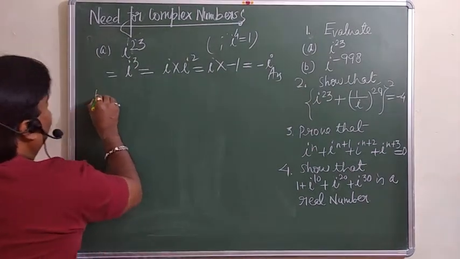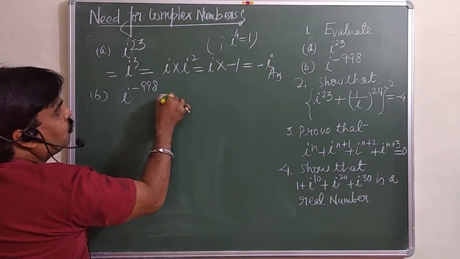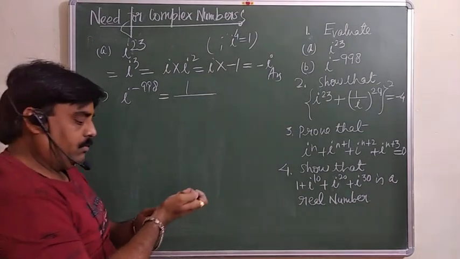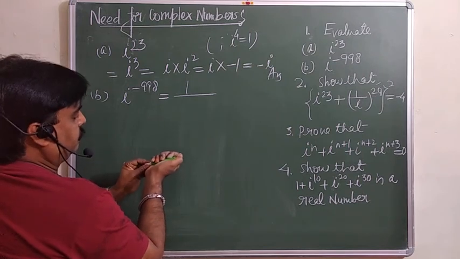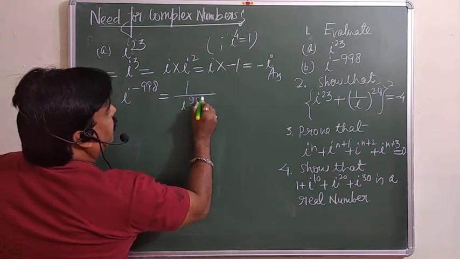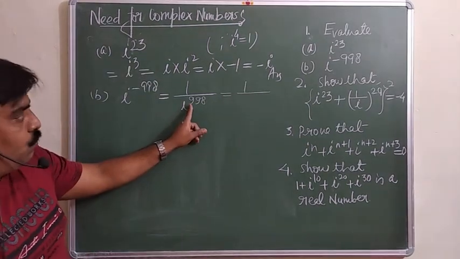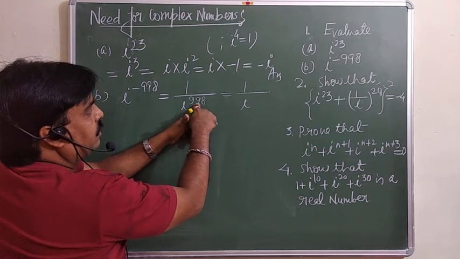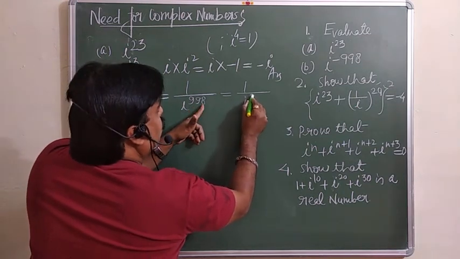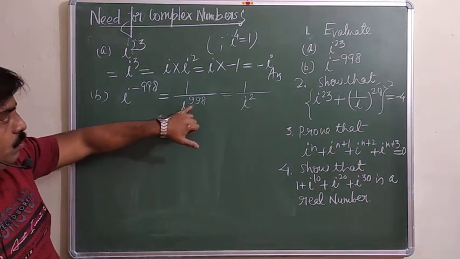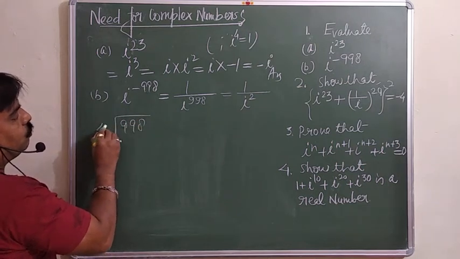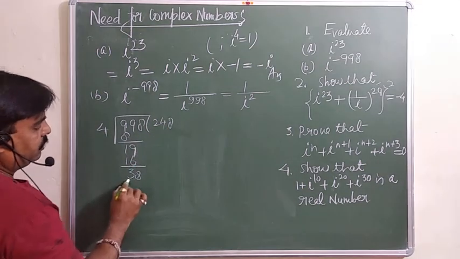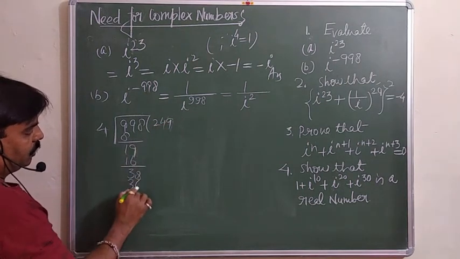Similarly here, B part, i raised to power -998. If you want, you can write it as 1 over i raised to power 998, and you must divide this by 4. 4 9s are 36, 4 4s are 16, 38, 32. So the remainder is 2.